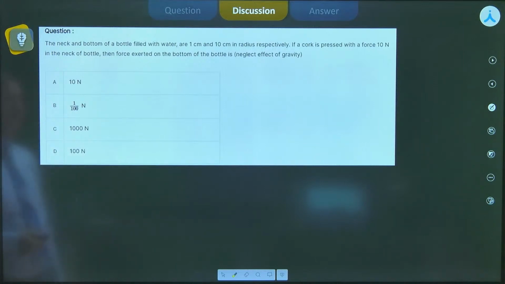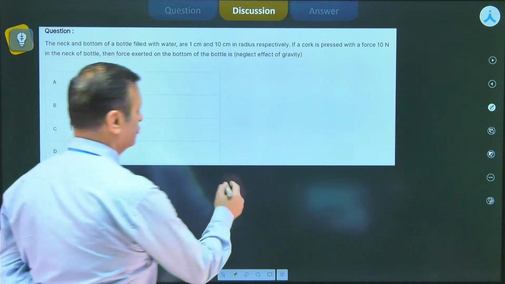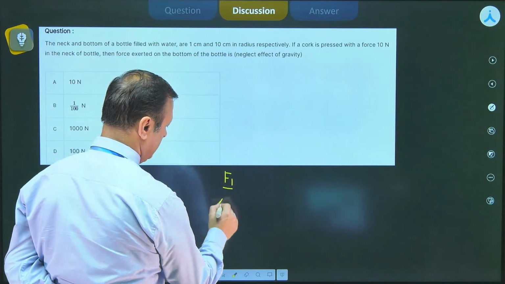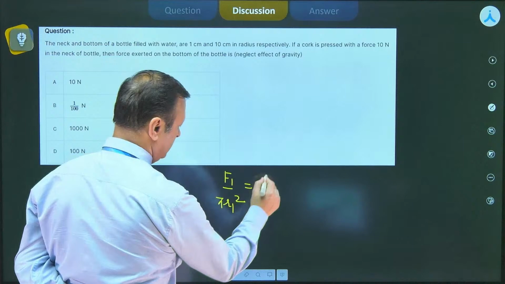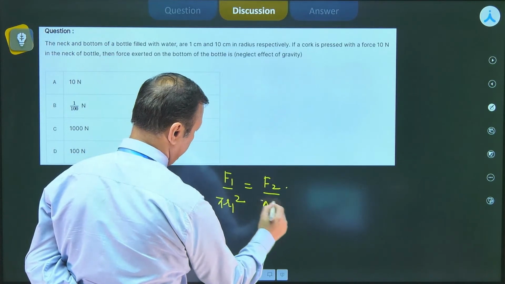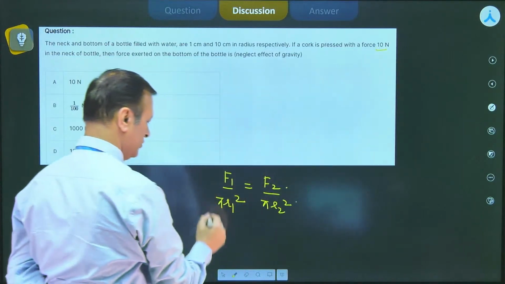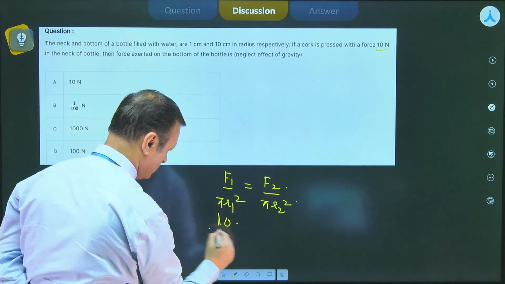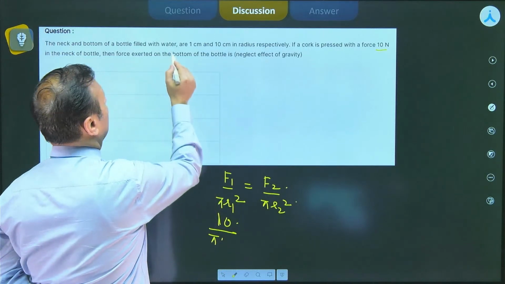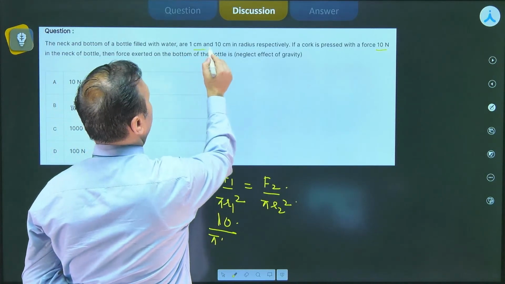Now based on this we have a numerical. The neck and bottom of a bottle filled with water are 1 centimeter and 10 centimeter in radius respectively. If a cork is pressed with a force of this in the neck of the bottle, then find the force exerted on the bottom. So this is purely F1 by A1 is equal to F2 by pi R2 squared. So this force is 10 Newton. Here we apply 10 Newton, pi into this 1 centimeter radius.